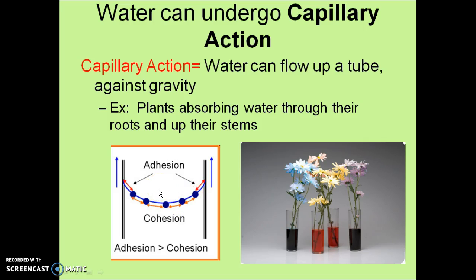As a result, there's an overall upward movement of all the water due to adhesion and cohesion. So adhesion is going to be the force that will help pull the water molecules on the sides up, and they'll pull their neighbors up through cohesion. The combination of cohesion and adhesion results in capillary action when it occurs in a narrow tube.